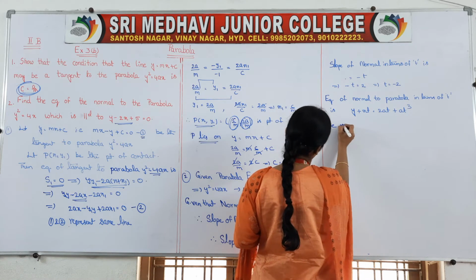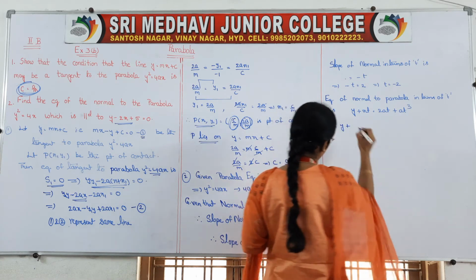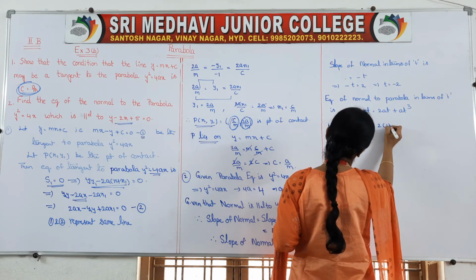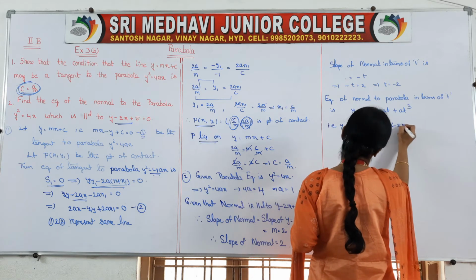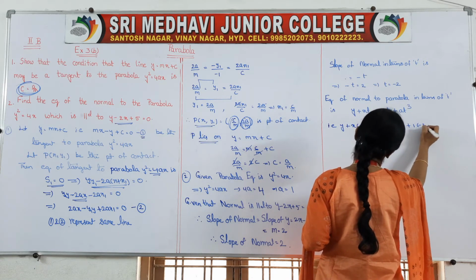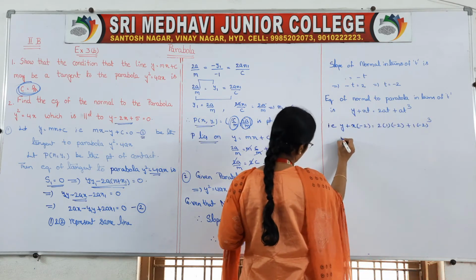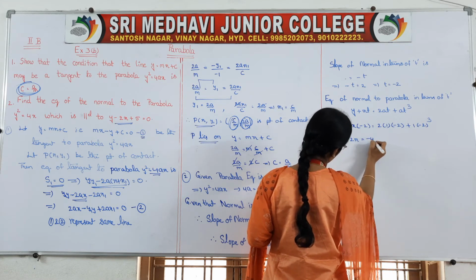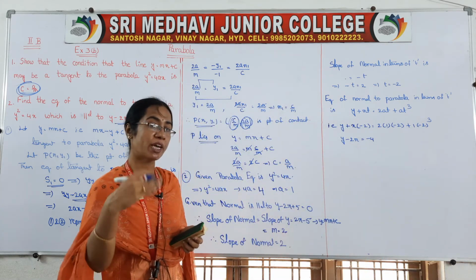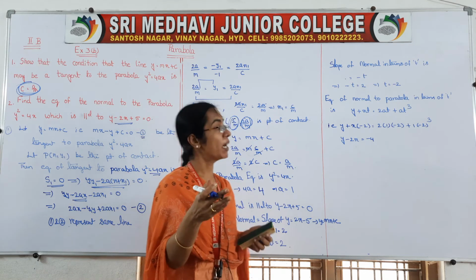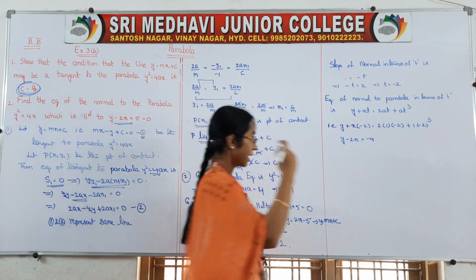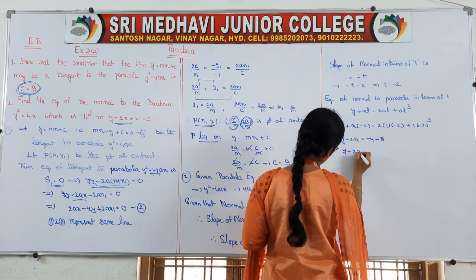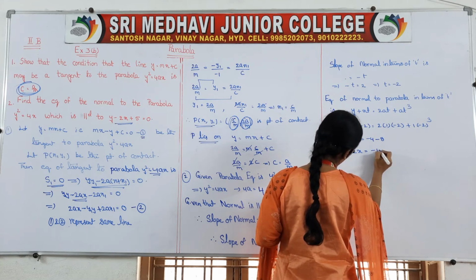So y plus x into minus 2 is equal to 2 into a, which is 1, into t, which is minus 2, plus 1 into minus 2 whole cube. So it is y minus 2x is equal to minus 4, and minus 2 whole cube is minus 8, since 2 2s are 4, 4 2s are 8. So y minus 2x is equal to minus 12.